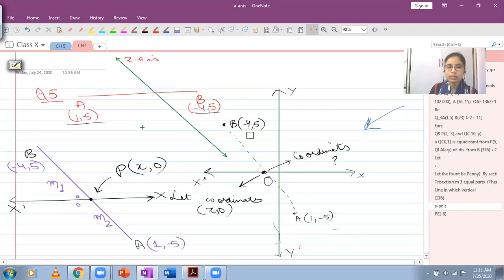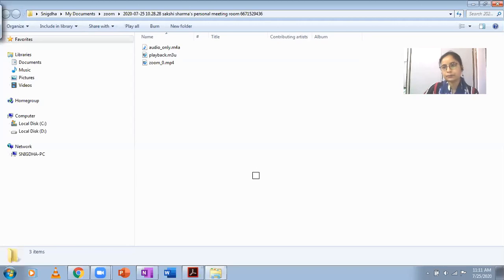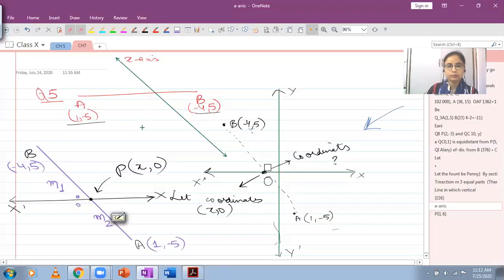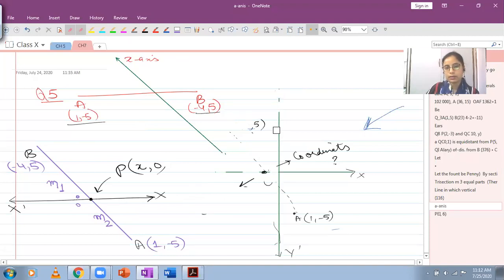So I'll be proceeding the way we proceeded in the previous question, exactly like that. If I just clear this here, you can compare this with the previous question. Do you remember how we proceeded? We will proceed by applying the section formula.